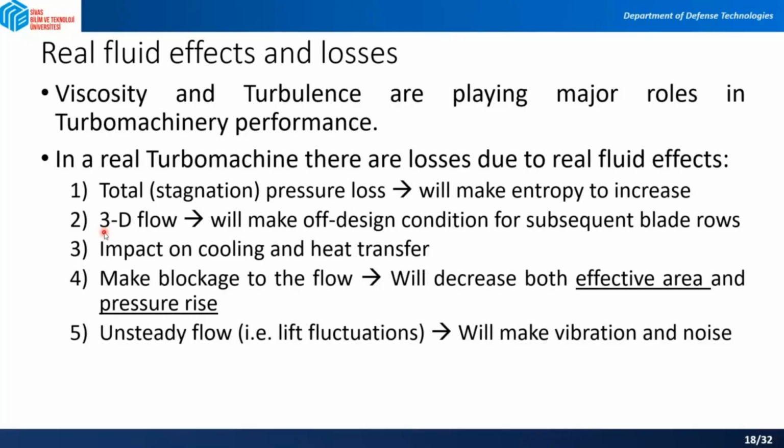So it is considered to be the same at other radii, but it is not. It means that it doesn't matter how much effort you put in, the flow will become three-dimensional after passing one or two blade rows.